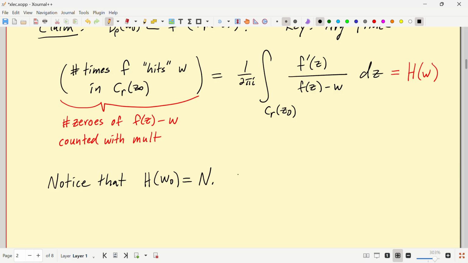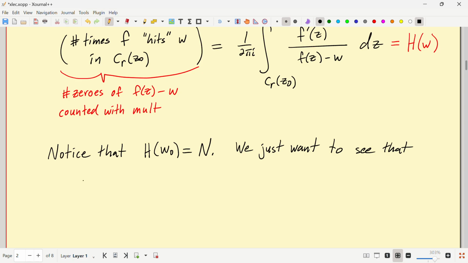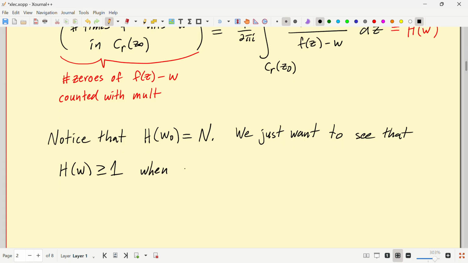We just want to see that h of w is bigger than or equal to 1, but it's actually going to be equal to n. So it's actually going to get hit n times when w is in that disk of radius rho about w naught.